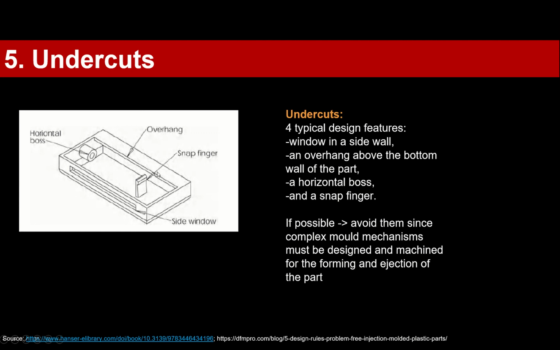So, of course, when you need a snap finger, you should implement it and not design it away. But overall, most engineers are not so aware of undercuts, and this is to increase the awareness that when you have the part designed, in the mold it can immediately increase the complexity.